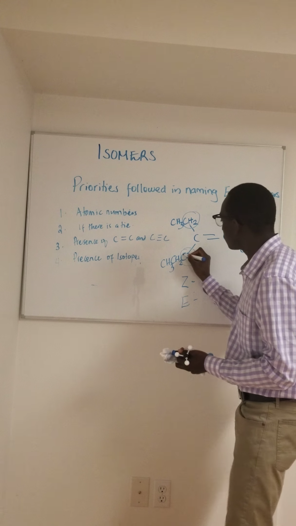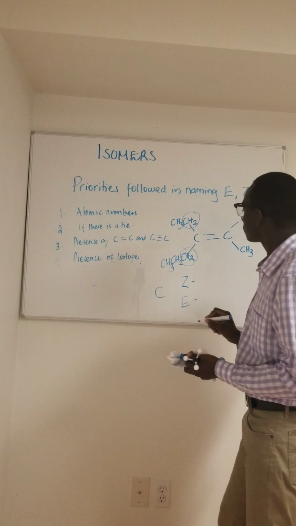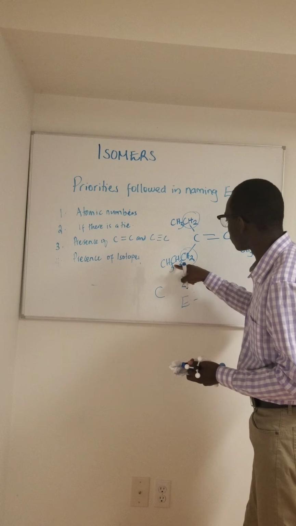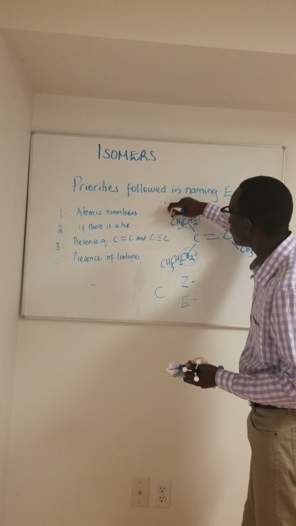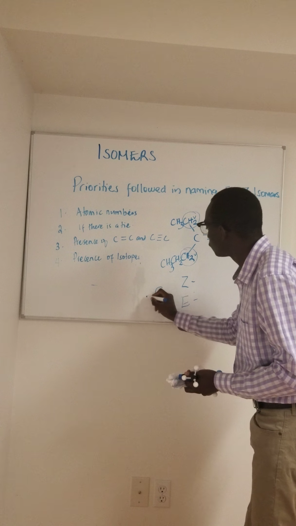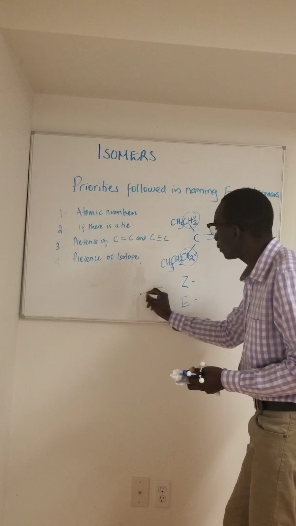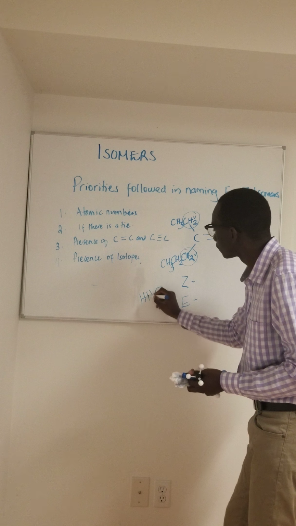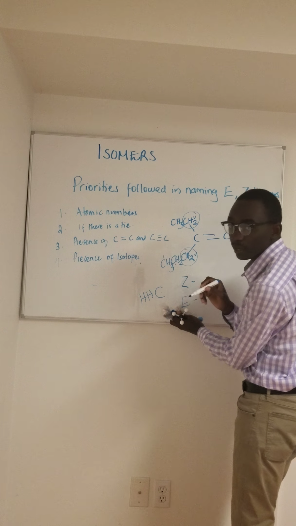This other carbon was bonded to a carbon, this carbon here. Now we are done looking at this carbon, and we are looking at this other carbon. This carbon is bonded to another carbon and two hydrogens. So this carbon is bonded to two hydrogens and this other carbon.